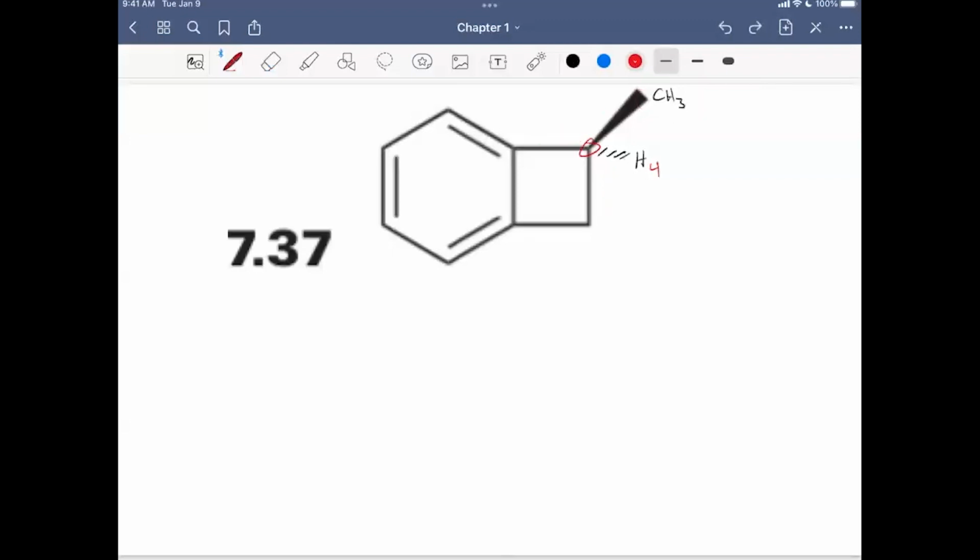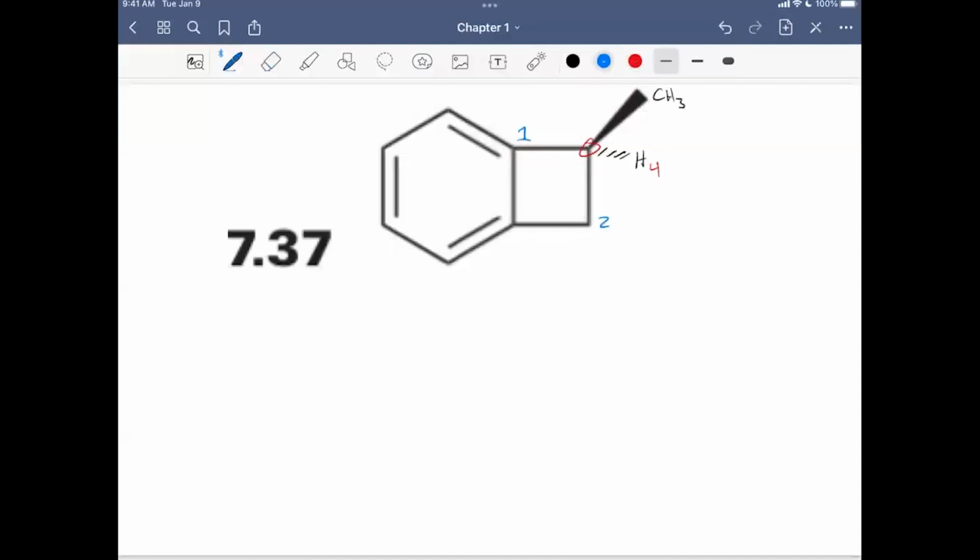So let's look at these groups going out right here. So this group is a carbon that it's attached to 4 different distinct things, and it has no hydrogens. So that's going to be better than this one right here, because this is just a CH2 group connected to 2 other carbons. So I would say this is our first priority right here.